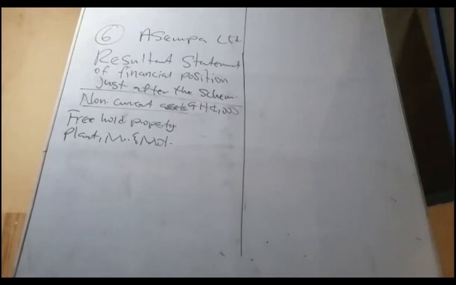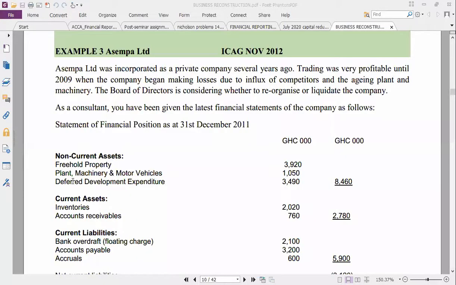I will not select that of deferred development expenditure because it has been disposed of. We sold it. We sold that figure, so we don't need to include it. Instead, we advised them to acquire new production plants.